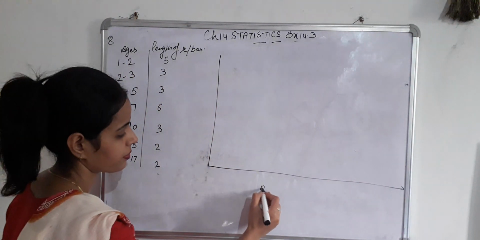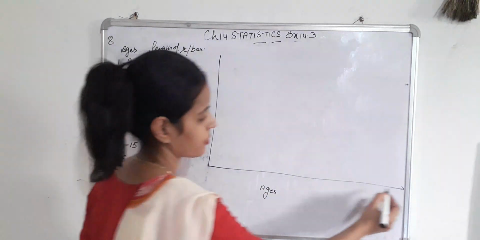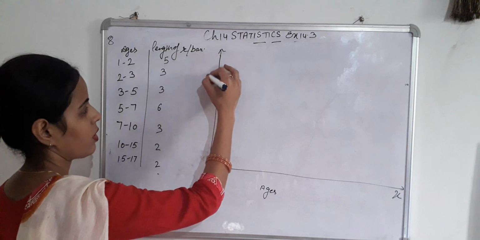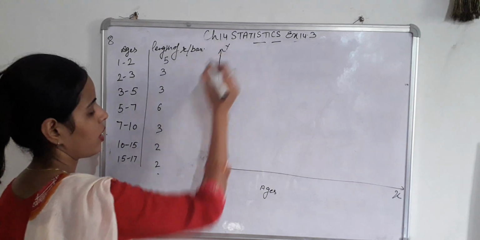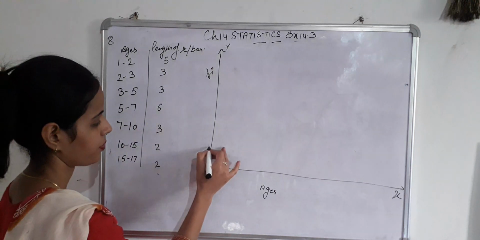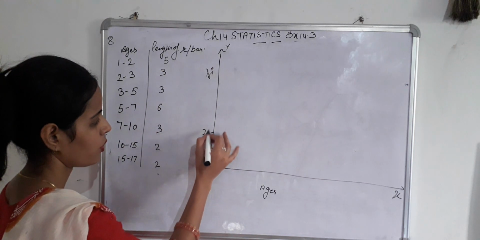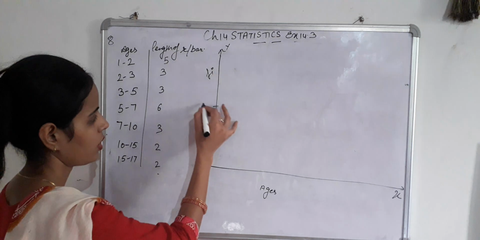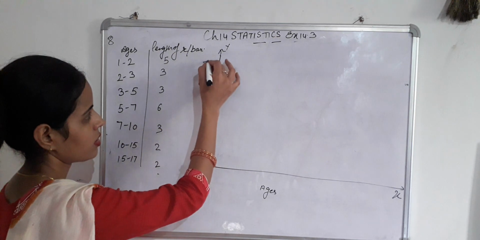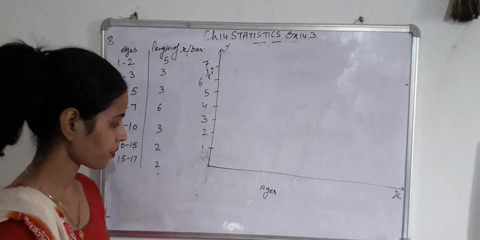Axes: x-axis and y-axis. Frequency goes on the y-axis, up to 6, marked 1, 2, 3, 4, 5, 6, 7.